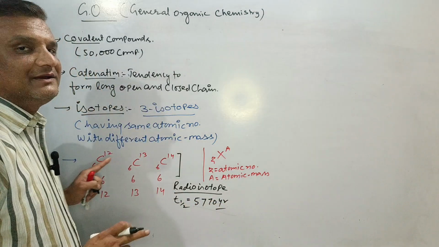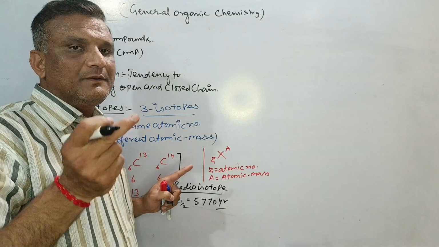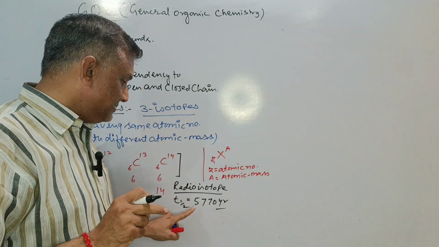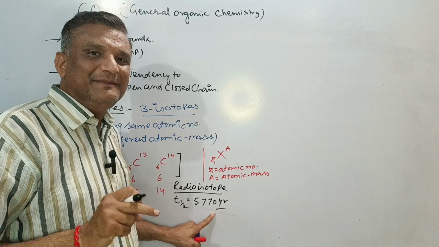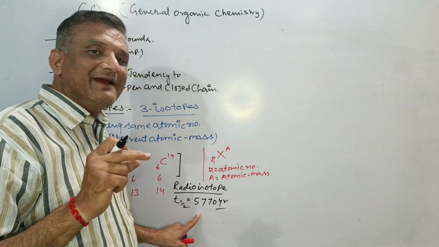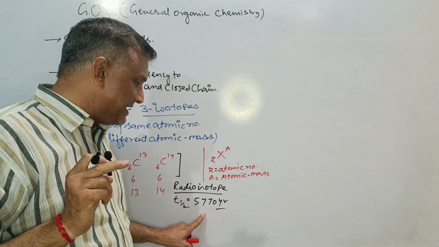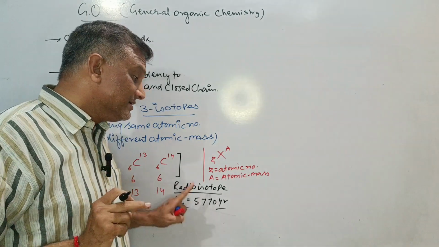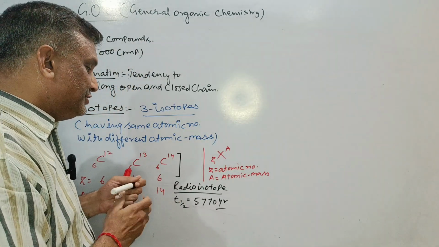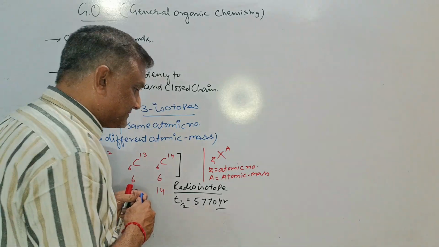It means इसका 1 ग्राम 0.5 ग्राम में इतने टाइम में रह जाएगा. मीन्स इसका इतने टाइम में अमाउंट हाफ रह जाएगा जितना भी आपने क्वांटिटी ले रखी है, 5770 ईयर्स में. That's why it is used in the carbon dating process.